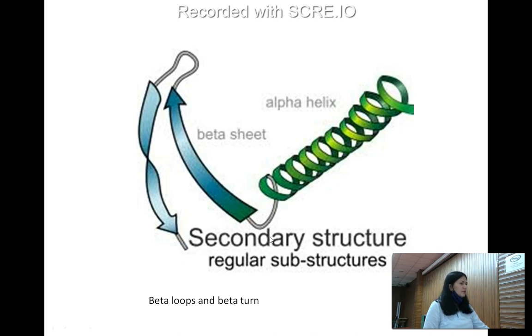Remember, proline is the only amino acid which can form a cis type of peptide bond. Peptide bonds are usually in trans conformation, but proline can form the cis type of peptide bond, so it can produce a 180-degree bend in a polypeptide chain.